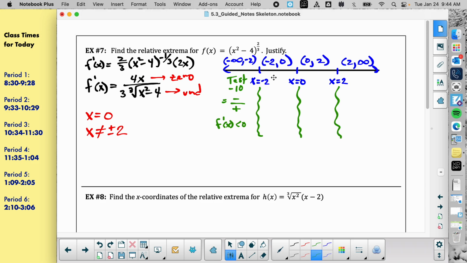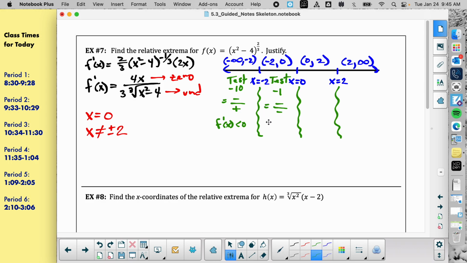Okay, second section. I would assume every single person in here would test -1. Otherwise, you'd have to use a decimal. So -1, 4 times -1 is -4, so that's a negative top. -1 squared minus 4 is negative. So the cube root of a negative is negative, times 3 would be negative.